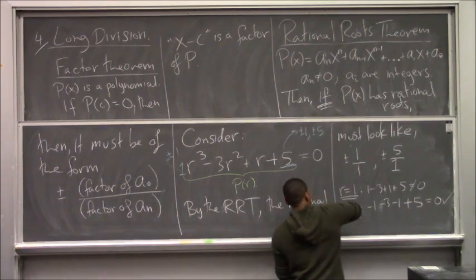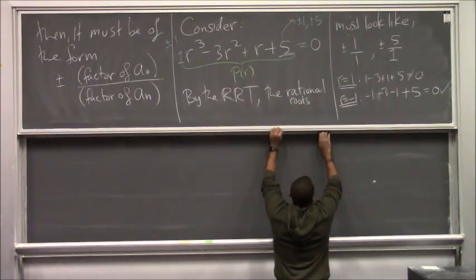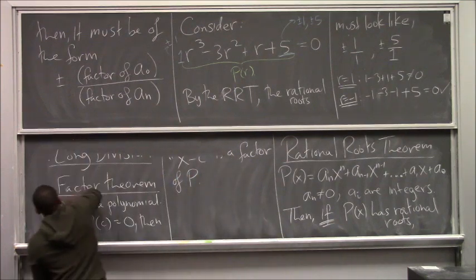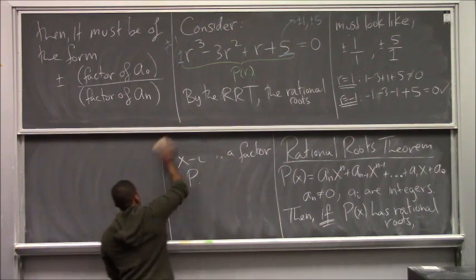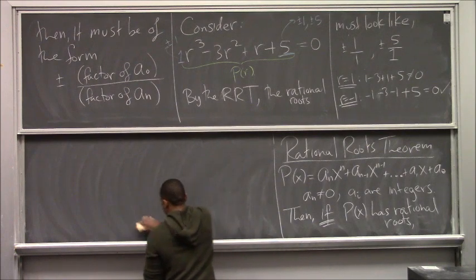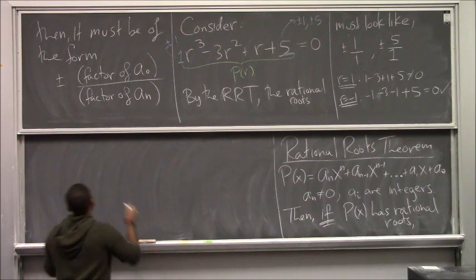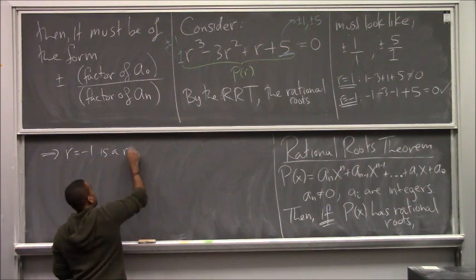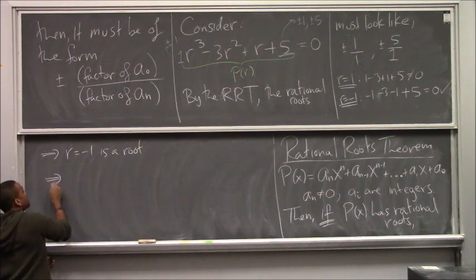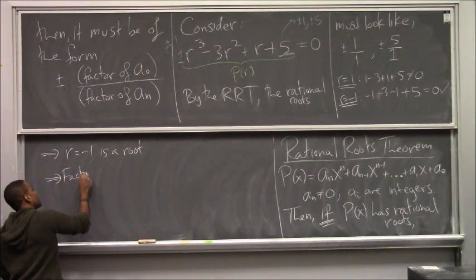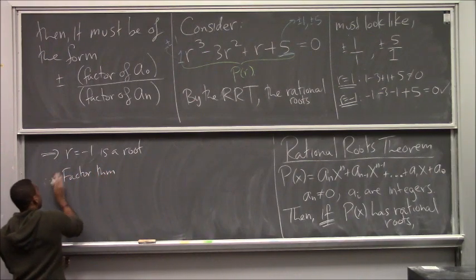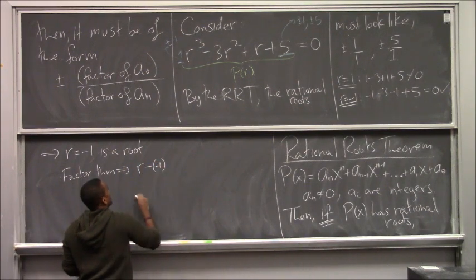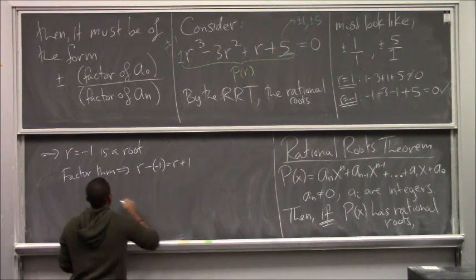Now, once you do that, this means r equals negative 1 is a root of that polynomial. This means, by the factor theorem, that r minus a negative 1, or in other words, r plus 1, is a factor.